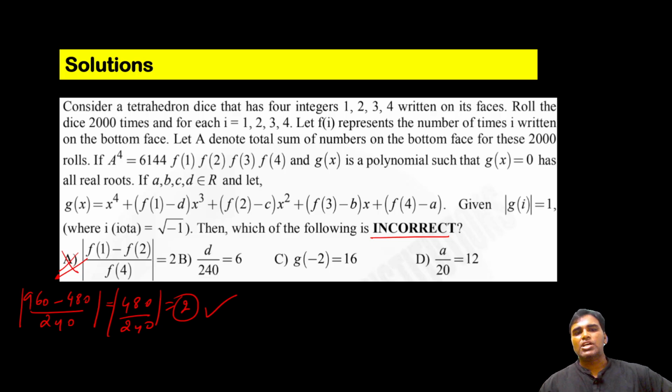Now our next task is to find ABCD. So let's read the question once again. Now gx is a polynomial. You can see gx is given to us. Let's write again.